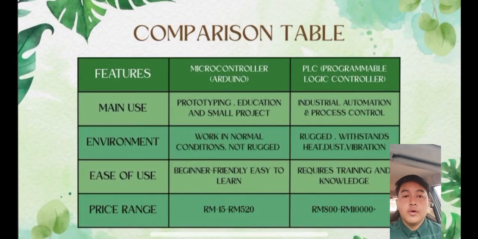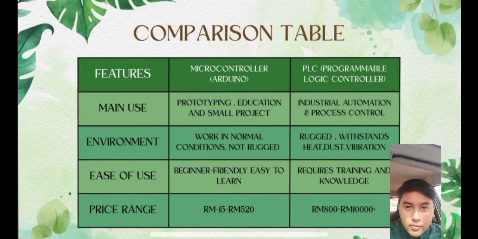Okay, next is the comparison of microcontroller and PLC. Arduino is mainly used for prototyping, education, and small projects, while PLC is used in industrial automation and process control. Microcontrollers work in normal conditions and are beginner friendly, while PLCs are rugged and able to withstand heat, dust, and vibration.